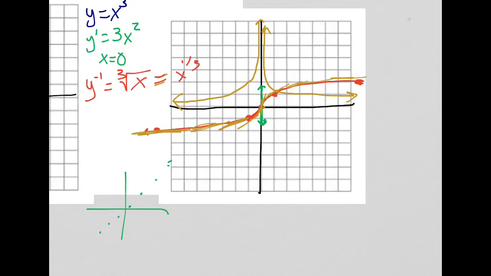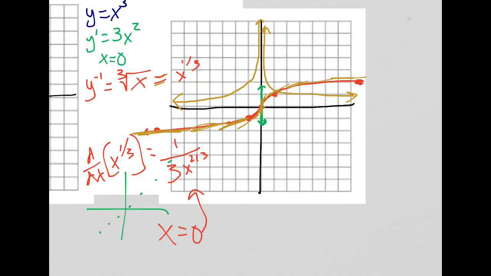So when I take the derivative of x to the 1/3, the power rule says I'm going to get 1 over 3 times x to the 2/3. So if you think about the x value of 0, 0 squared and cube rooted is 0, times 3 is 0. So I get 1 over 0. My derivative is undefined at x equals 0.